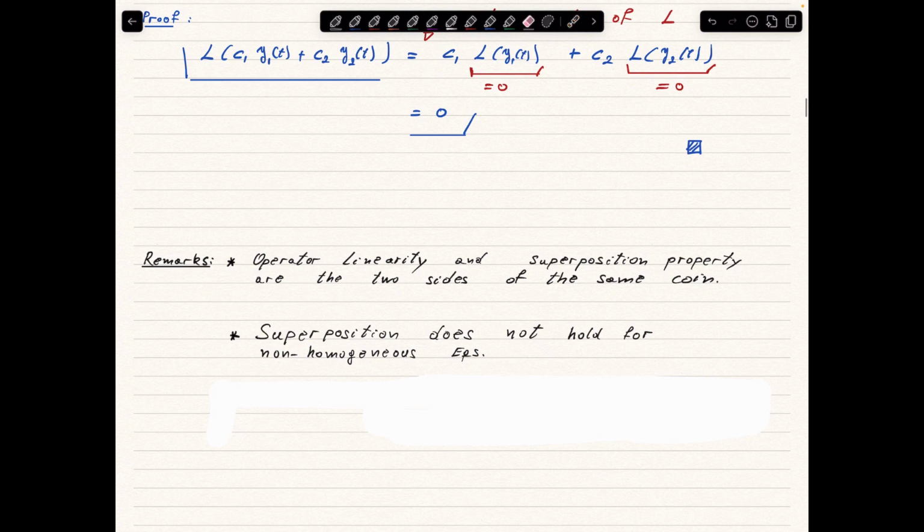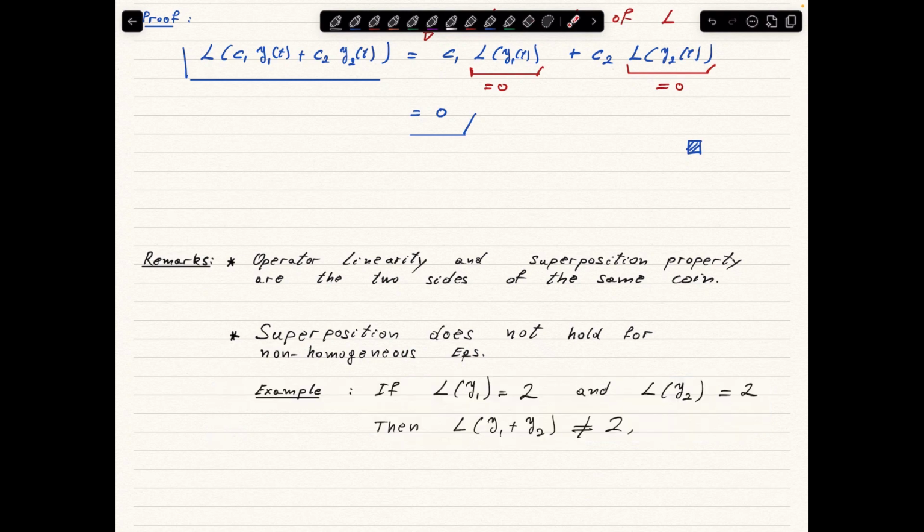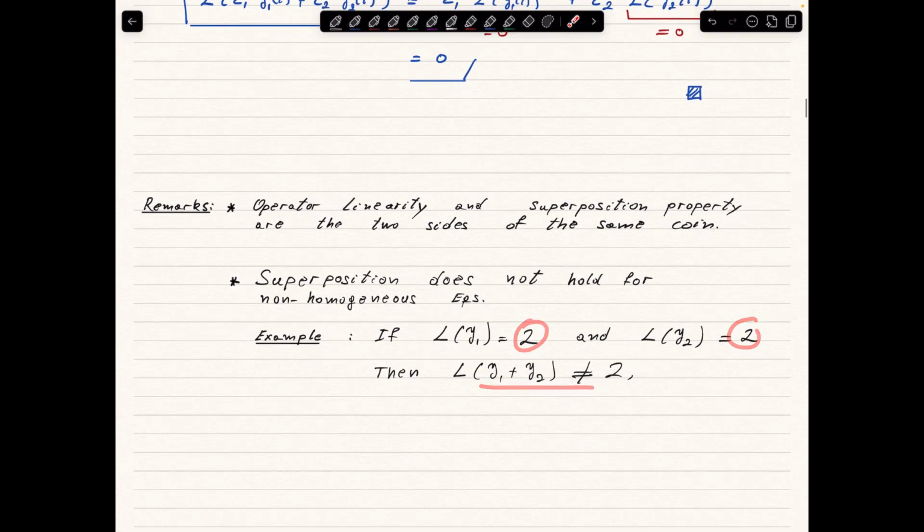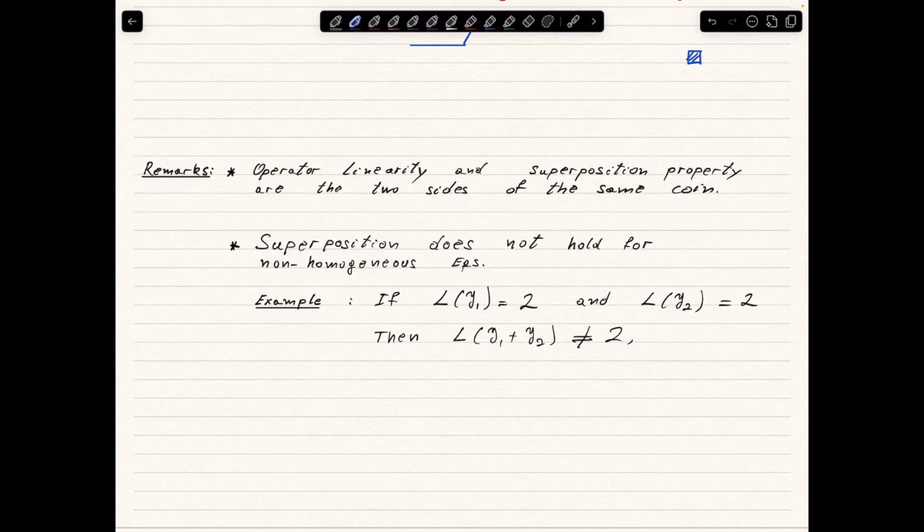For example, suppose we have solutions of non-homogeneous equations, like the operator acting on y1 equal 2, and the operator acting on y2 is also equal to 2, but now it's not 0. Then the sum is obviously not going to be equal to 2, because if we compute L acting on the sum, the linearity property says this is L acting on y1 plus L acting on y2.